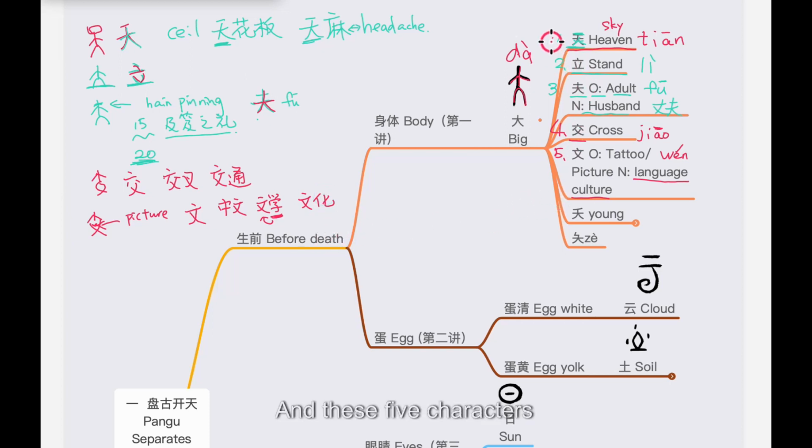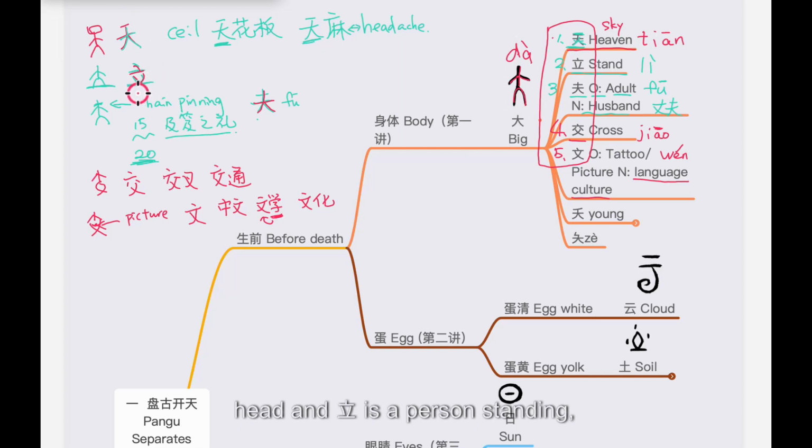Okay, and these five characters are the ones we commonly use. I hope you can memorize and recognize them. First, you know they're all from this da character. They're all related to a person, right? 天, sky, something over, like the area above a person's head.